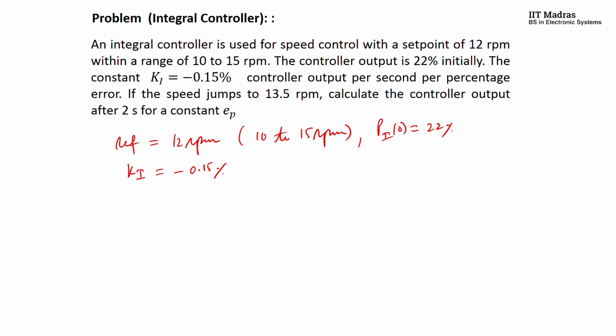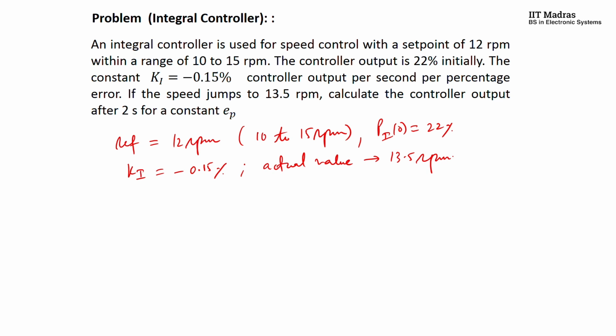Now, the question here is, if the speed jumps to 13.5, that means the actual value is now 13.5 rpm. The initial value, you can assume, is 12 rpm, and the controller was able to control the process, and Pi of 0 was 22%. That could be the assumption which can be made.